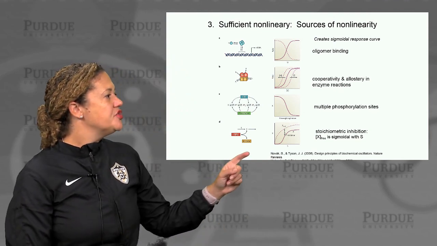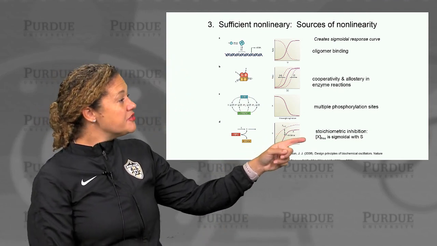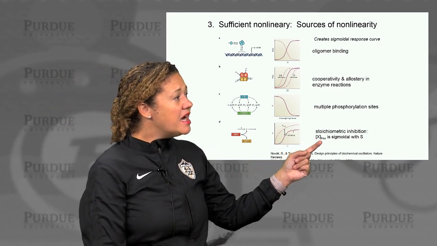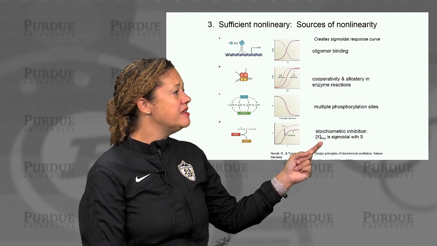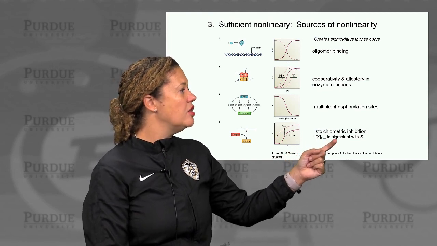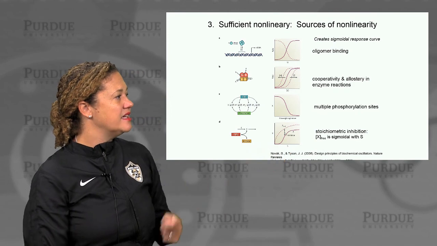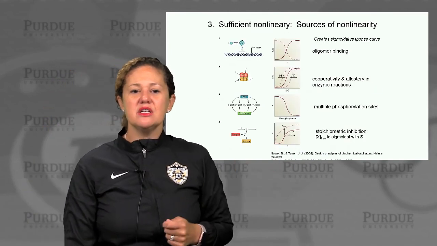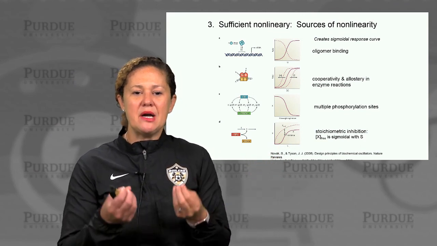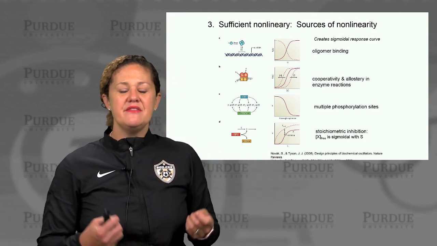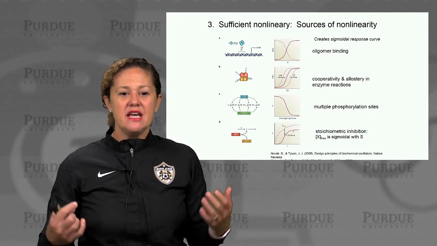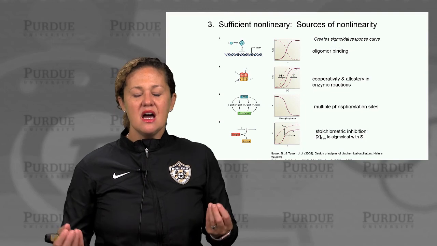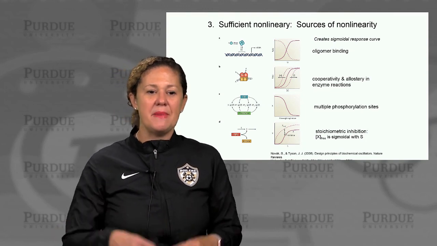You can also have other forms of stoichiometric inhibition where the concentration of our free inhibitor is sigmoidal with some S signal value. So the important point here is just to note that there are multiple ways at the biochemical level that can generate nonlinearity in the mathematics when we generate mathematical representations of what's happening mechanistically at the biochemistry level.